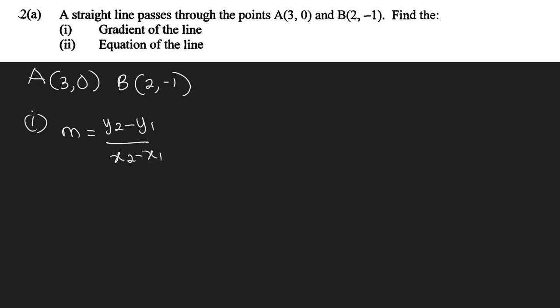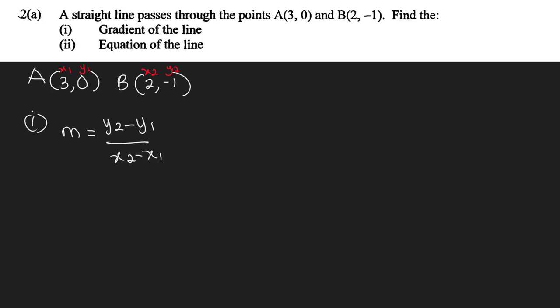So where is our y1 and where is our y2? Actually this is x1, and this is y1. Then this is x2 and this is y2. Can you see? With this you will be able to calculate it, right? So let's substitute it.